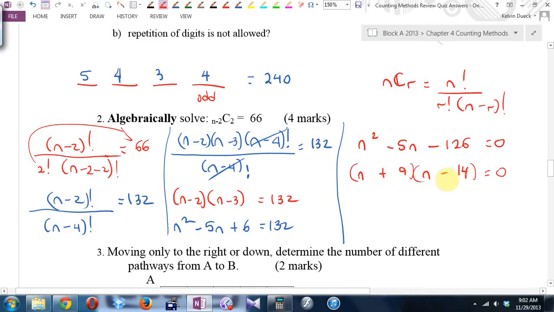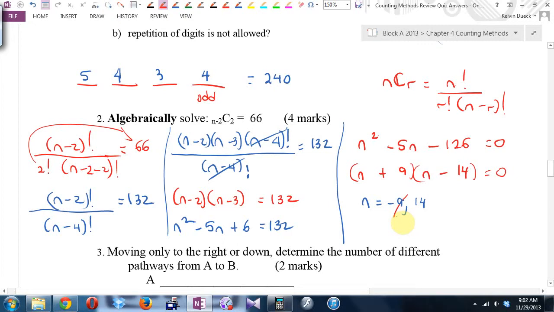Positive 9, negative 14. What are my roots? Negative 9, positive 14. Poor Roy's not here, but which one rejects him on the date?